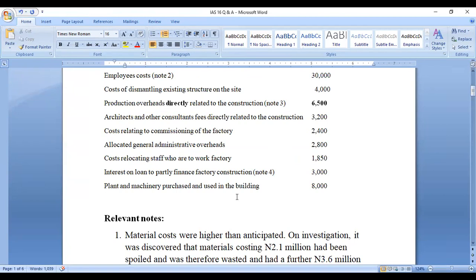Should not be included, though. It's not part of the assets. Plant and machinery is an asset on its own, so it should be treated as a separate asset, not added. It could be subsequently used for other buildings.